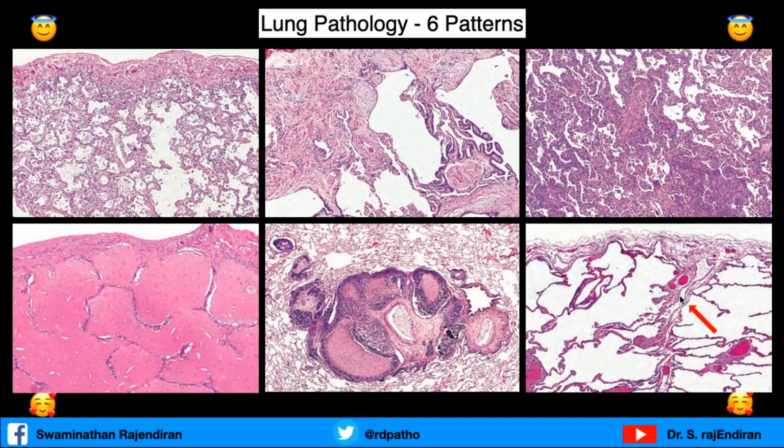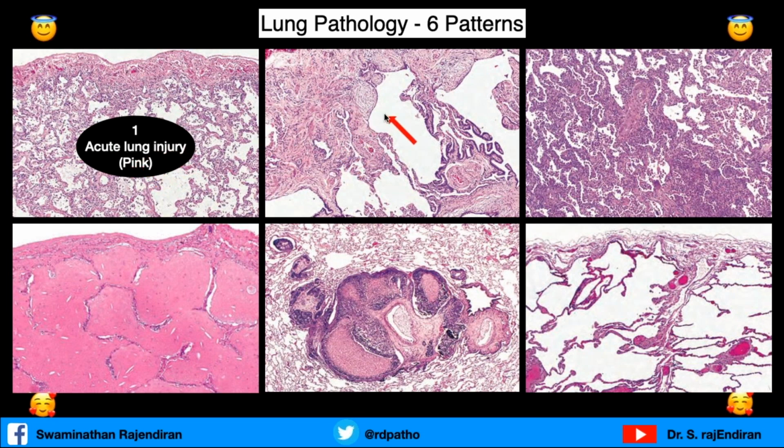Now, I am coming to a very important practical approach, how to check the lesions in the lung. Any lung lesion falls in these 6 patterns. Either they fall in a pattern where there is alveolar and septal involvement with some fibrin and eosinophilic material, and this is known as acute lung injury pattern.